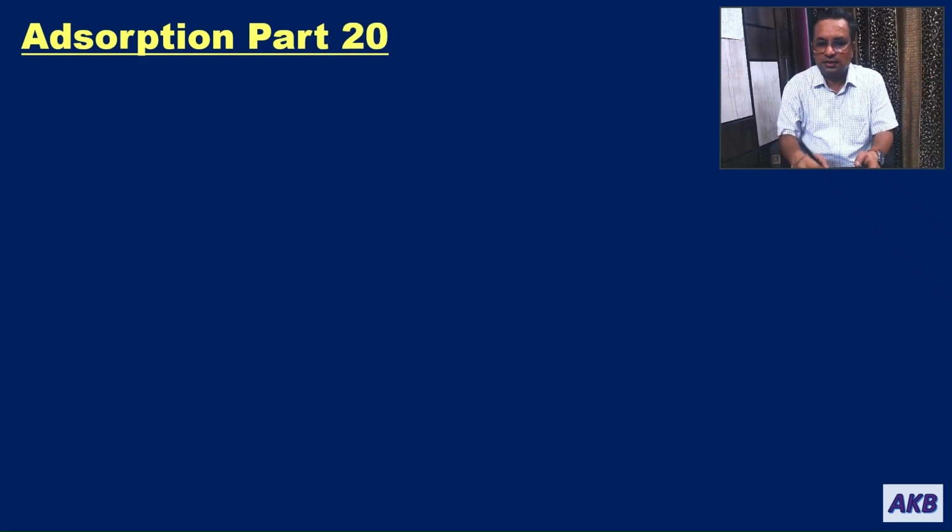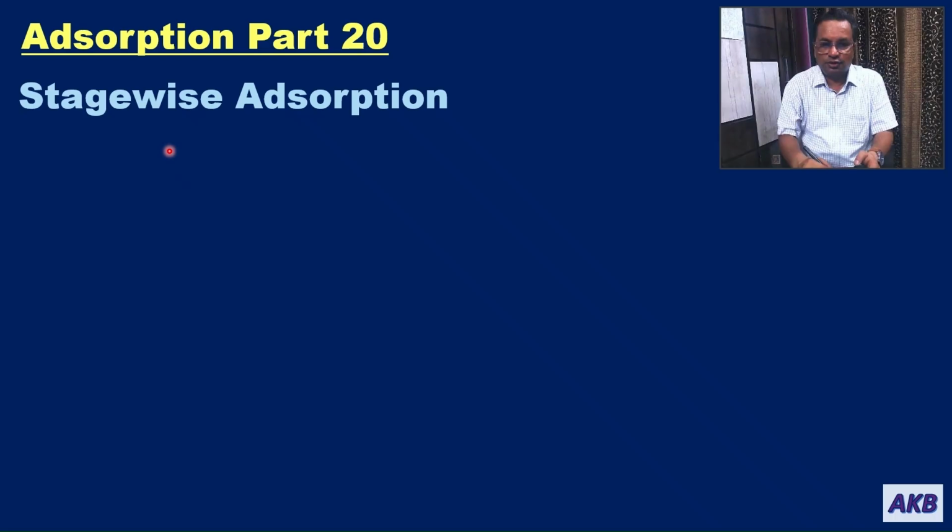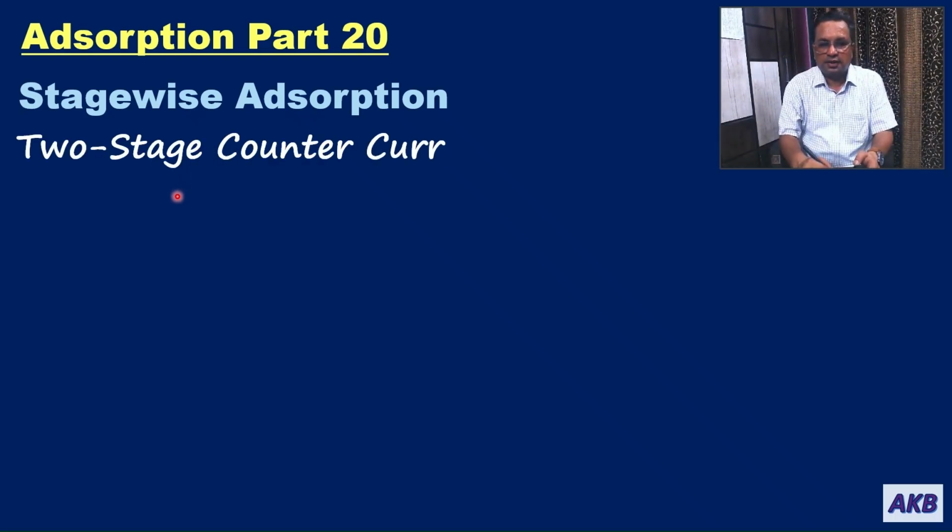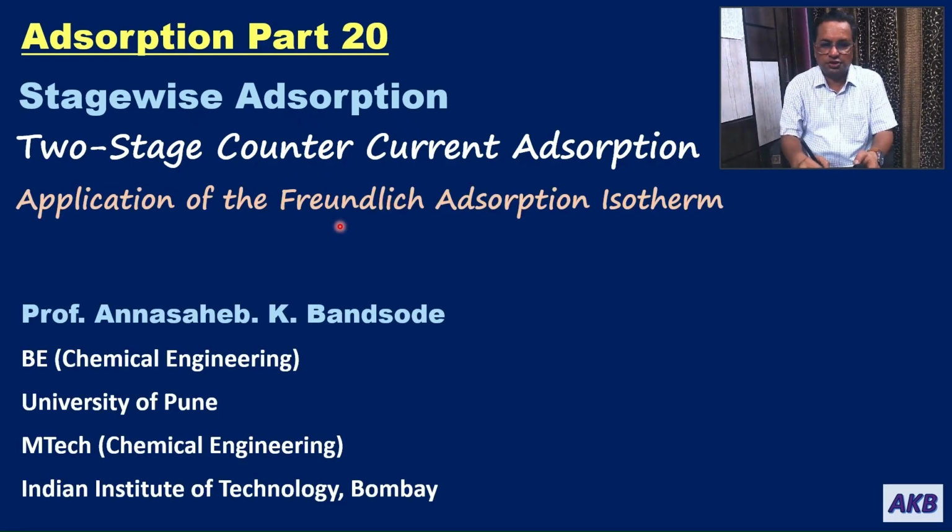This is the 20th part of my discussion on adsorption, which will be a continuation of the discussion on stage-wise adsorption. I will be discussing the application of a Freundlich adsorption isotherm to a two-stage countercurrent adsorption.